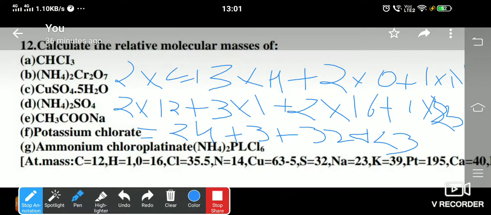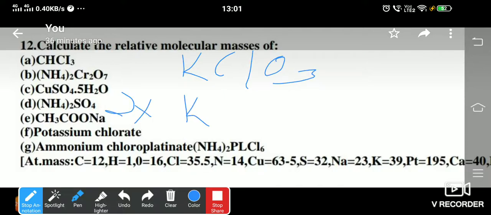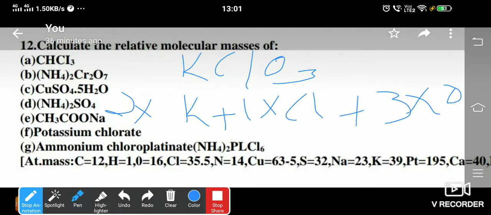Now the remaining two questions, that is potassium chlorate, KClO3, you can solve for your practice. The molecular formula for potassium chlorate is KClO3. You can directly add 1 into K plus 1 into Cl plus 3 into O. In some cases, the question is difficult.